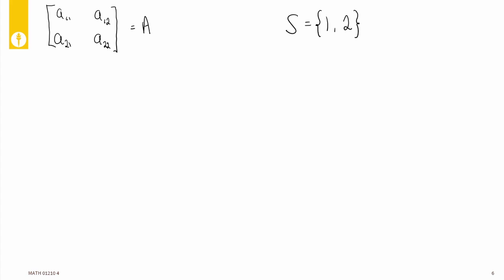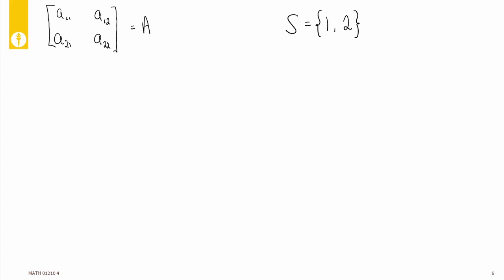How many permutations should we have? 2. How'd you get it? I just assumed since there's a 2 there.